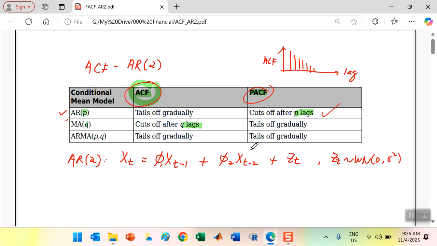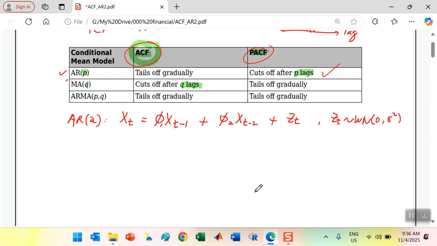So there are many ways to find out the ACF. One of the ways is using the Yule-Walker formula. The Yule-Walker formula will relate the covariance of the equation. So you have the covariance of the X series.